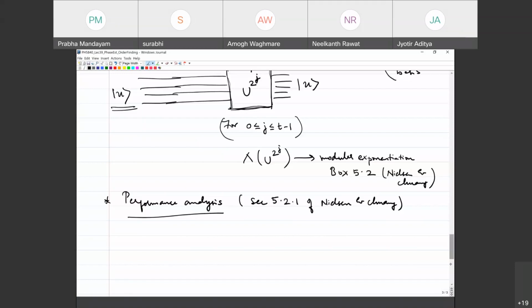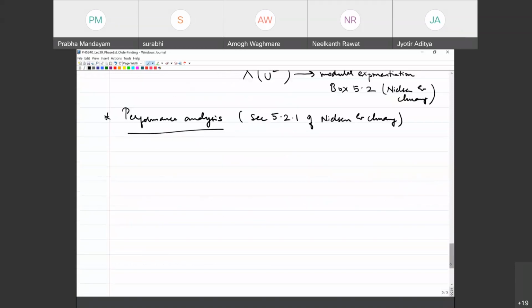Okay, so now let's say we do this procedure with these T qubits, right? So we get these values, right? Phi 1, phi 2, phi 3, etc., phi T. Okay, but this may not be actually the phase phi that you wanted to estimate, but this may give you some number phi tilde, right?